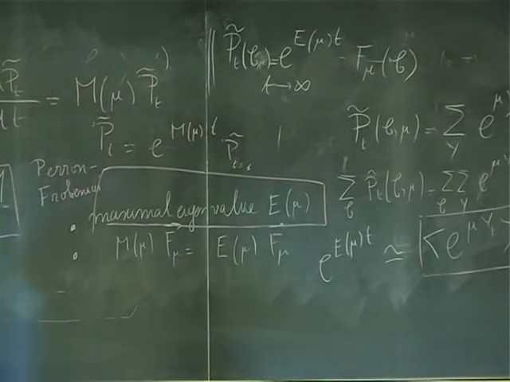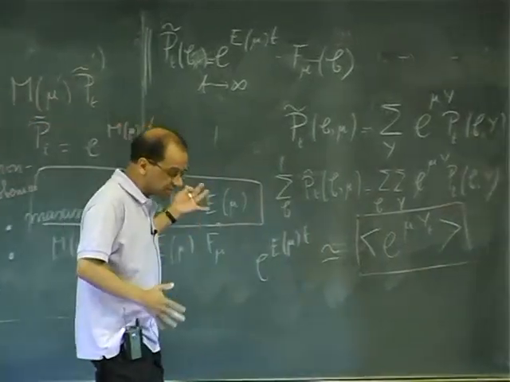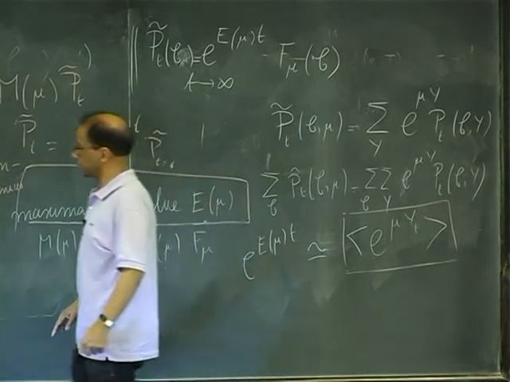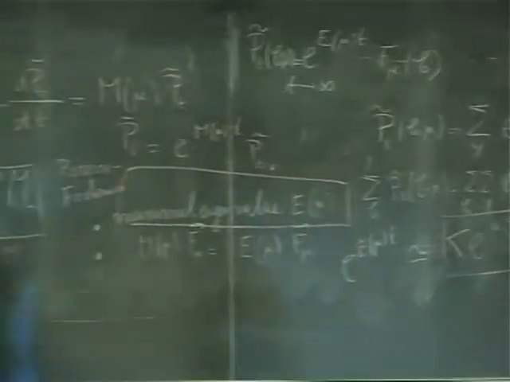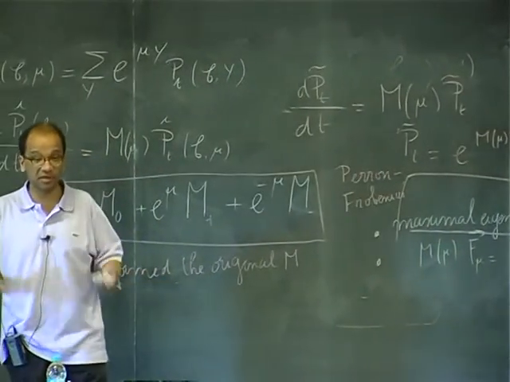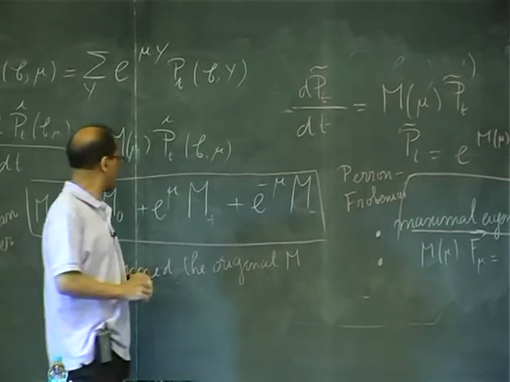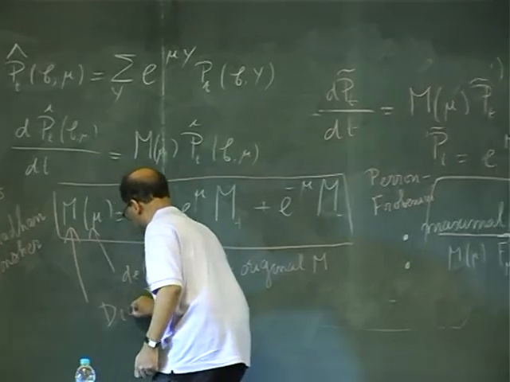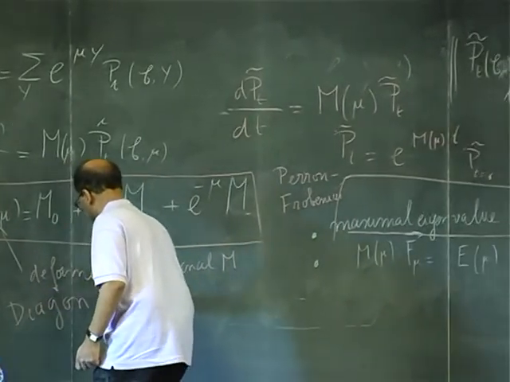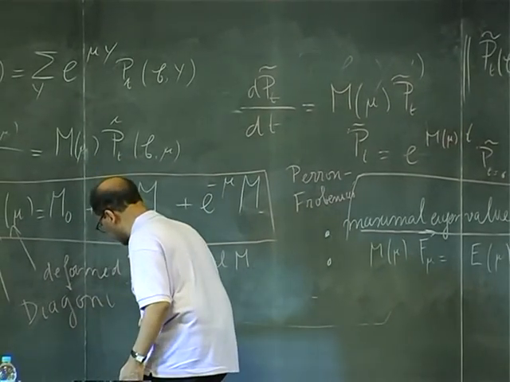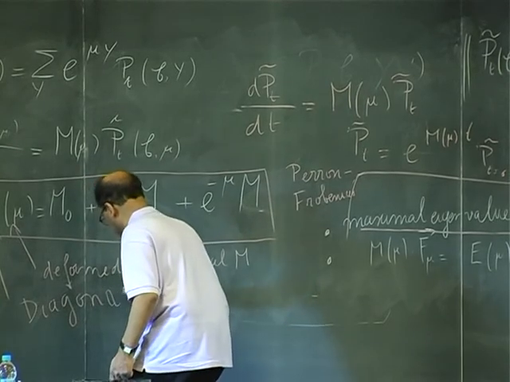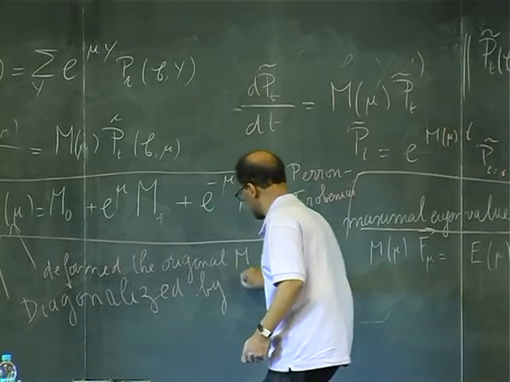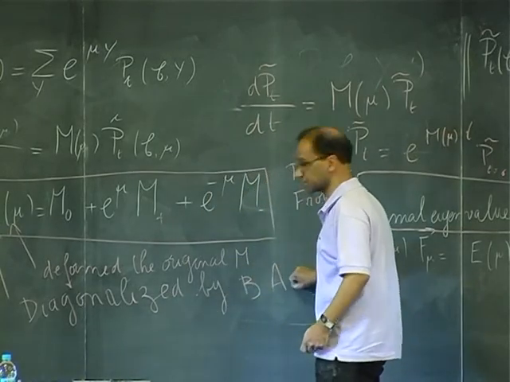And by chance, again there are many techniques, but in this case, by chance, this operator M of mu, which is a good deformation of the Markov operator, happens to be integrable. This operator M of mu can be diagonalized by Bethe Ansatz. So here is our good old Bethe Ansatz. Now here is where Bethe Ansatz enters the game.